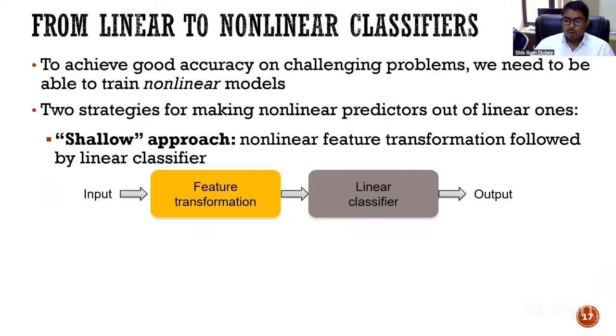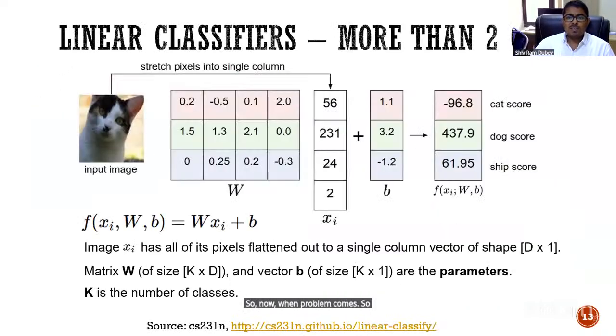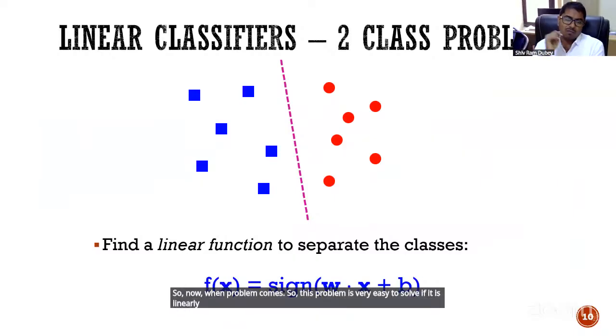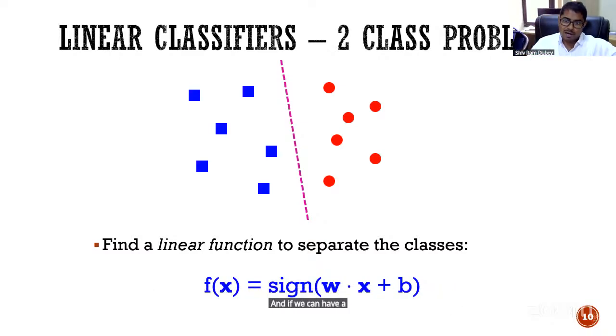Now when the problem comes, this problem is very easy to solve if it is linearly separable. What is the meaning of linearly separable? If the samples which come from one category and samples which come from the other category have a clear-cut separation between them, and we can have a hyperplane to divide these two distributions, then it is very easy to solve.